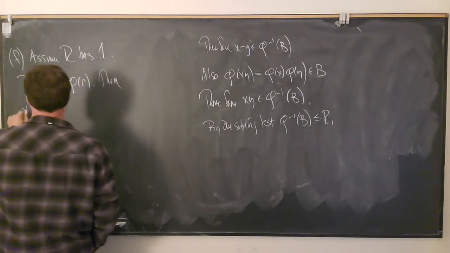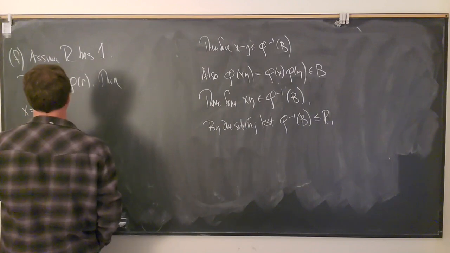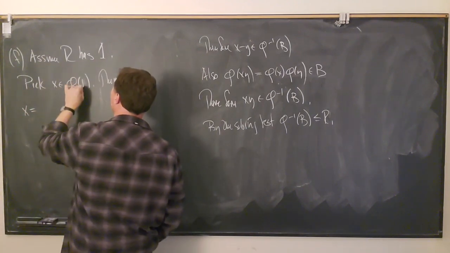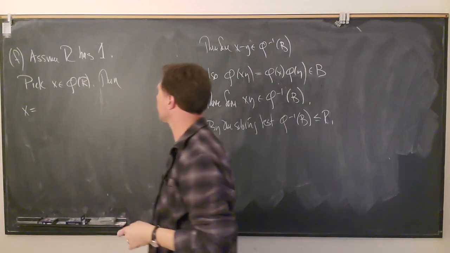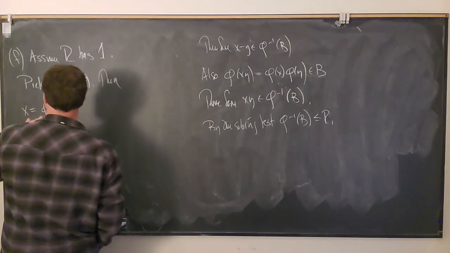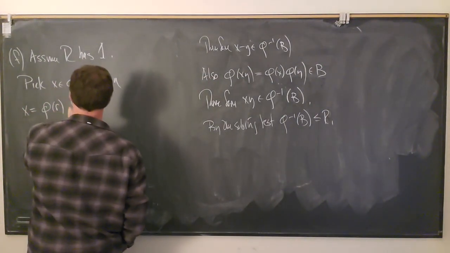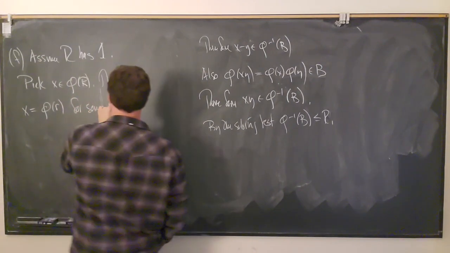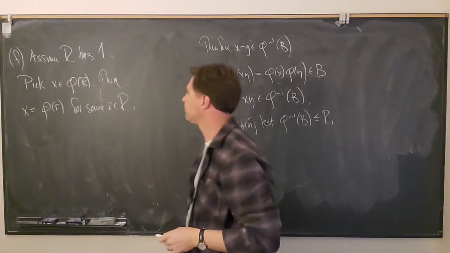That means that x is equal to, sorry, that should say capital R. So then x is equal to phi of little r for some little r in capital R.